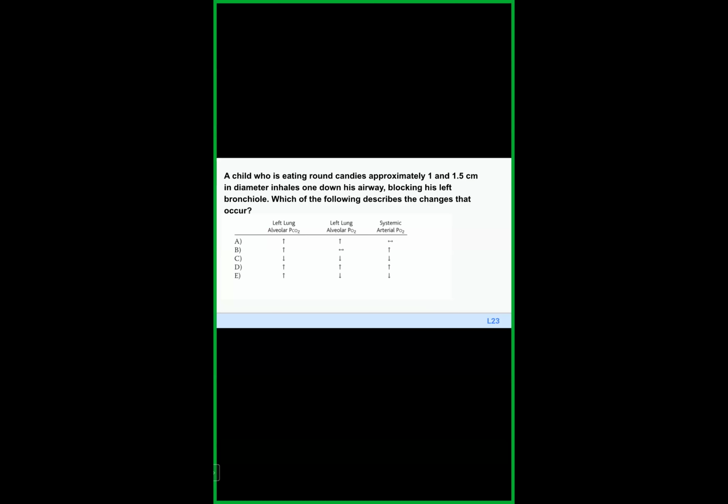Yes, you're right. It is E. So why is that? Basically, when he has a blockage of his bronchiole, that means he's not able to inhale fresh air from the environment. So what's left is in his alveoli, he should have an increase in PCO2 because there's no fresh air, and CO2 keeps coming from the blood.